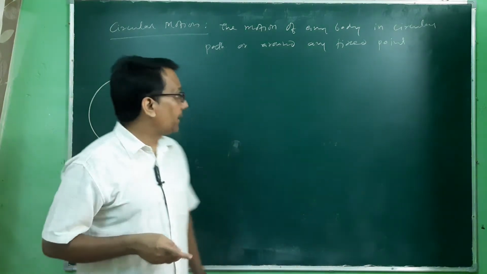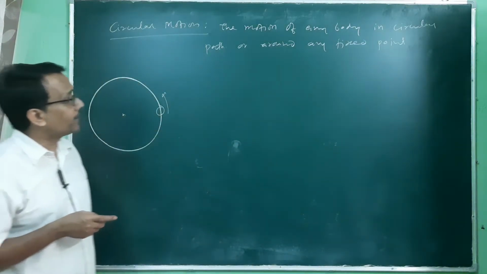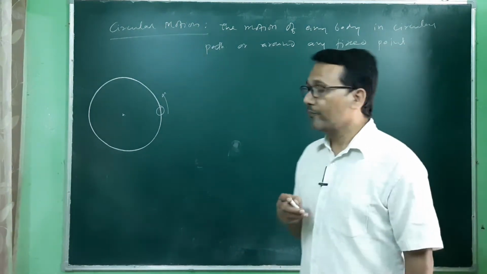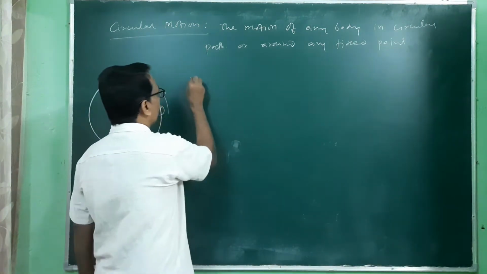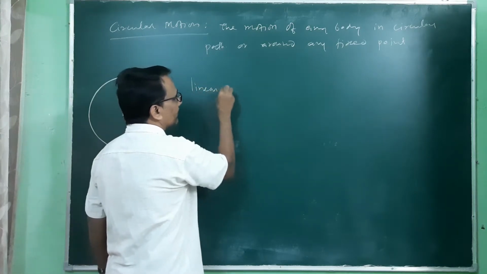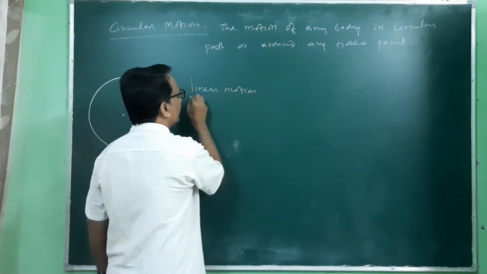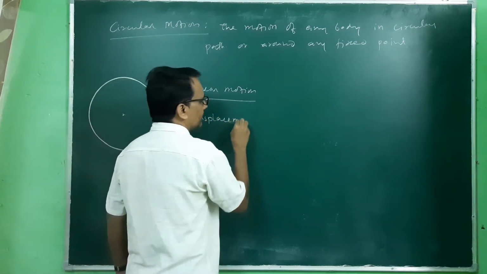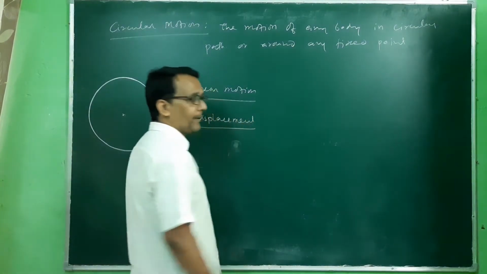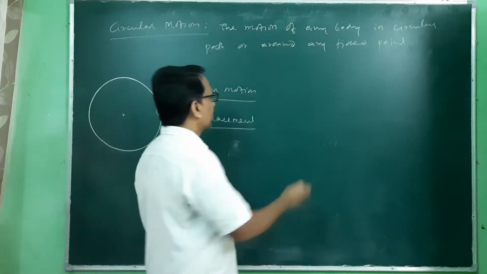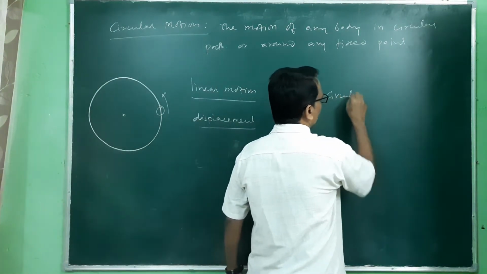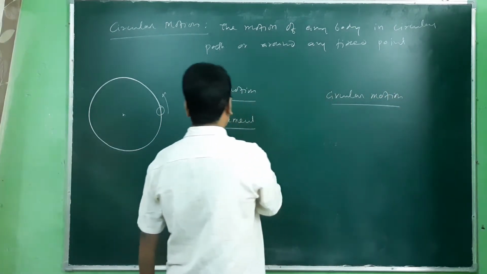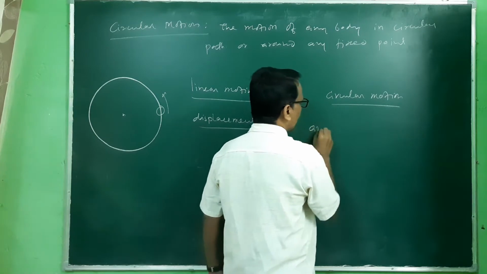And in order to understand this motion, we have to define some more terms. In linear motion, for example, we will have a displacement. We have defined displacement, but in circular motion we will define, in place of linear, angular displacement.